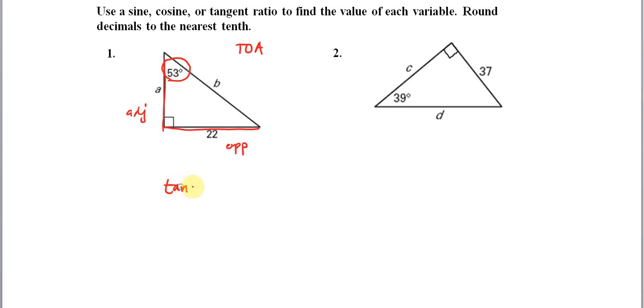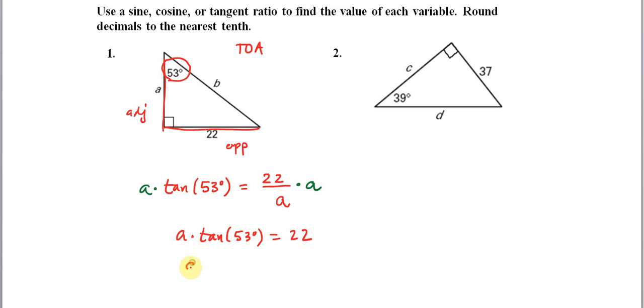So we can write this equation as the tangent of 53 degrees is equal to the opposite leg, which is 22, divided by the adjacent leg, which is the variable a. Then we multiply both sides by a, and we get a times the tangent of 53 degrees is equal to 22.